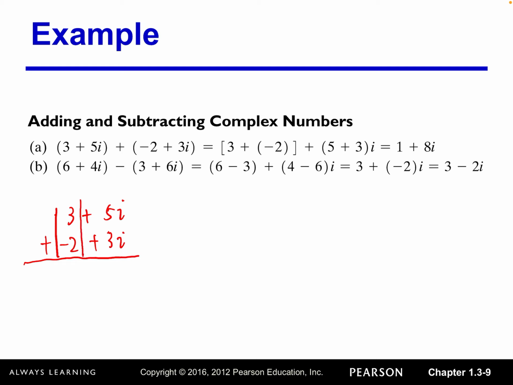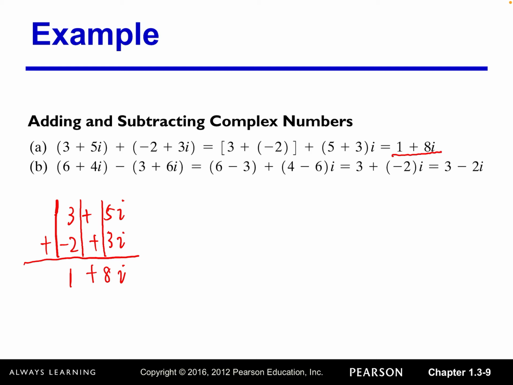Okay, this is a real part, right? This is the imaginary part. So if you line them up, you won't mess up with them. So real part combine 3 plus -2, that's +1, and then 5 plus 3, that's 8. So we got 1 plus 8i.